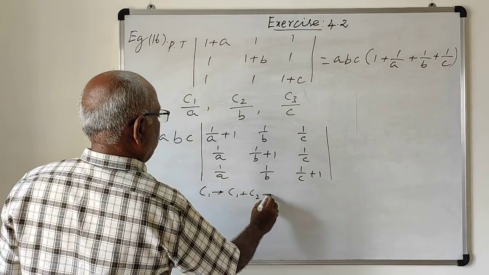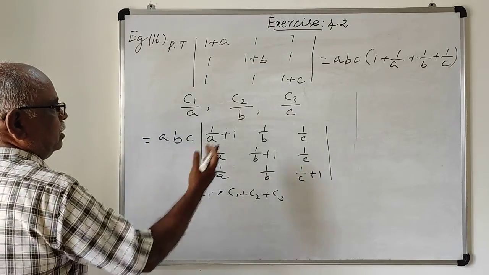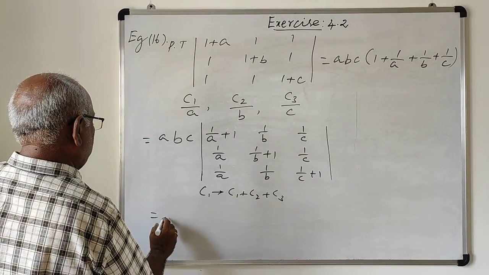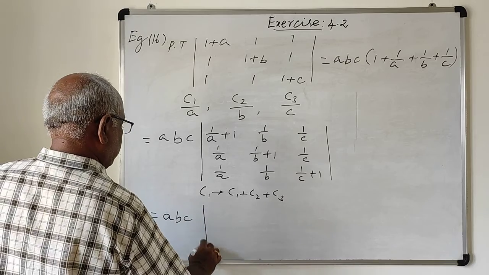Adding C1 plus C2 plus C3 and writing it in C1. Already you have a, b, c outside.